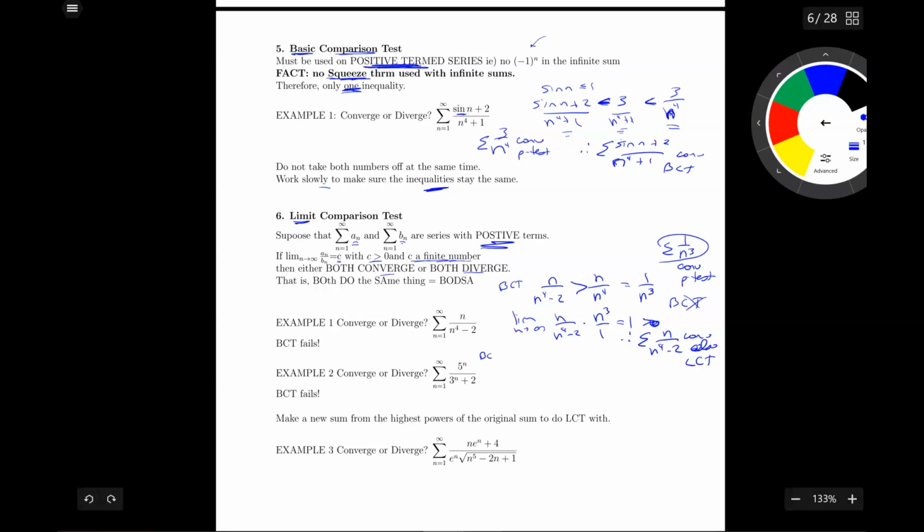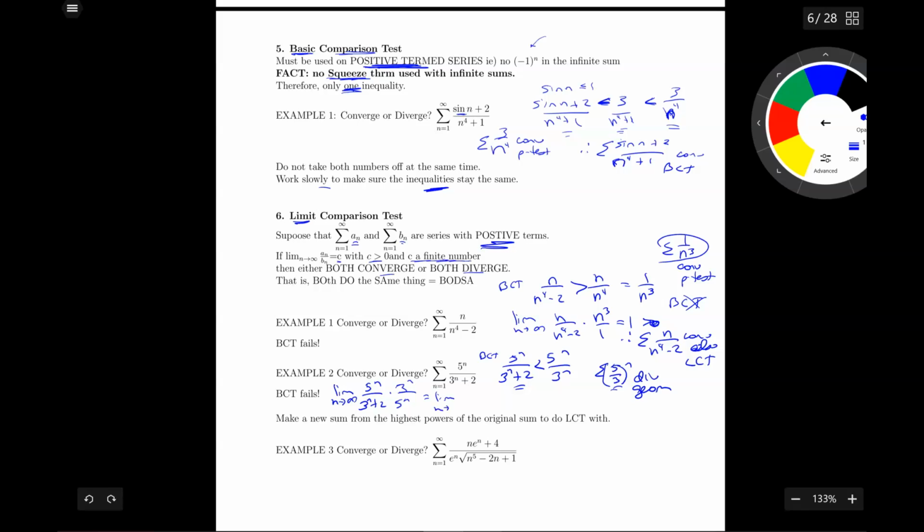This one here, if I started with a BCT, which I would think of doing because it's just easy to pull off one number, right? That has more in the denominator, but if I'm looking at 5/3 to the nth power, that's a divergent geometric sum. So this would be a good time to do the limit comparison. Take the limit as n goes to infinity and multiply by the reciprocal of this, so that'd be 3 to the n over 5 to the n.